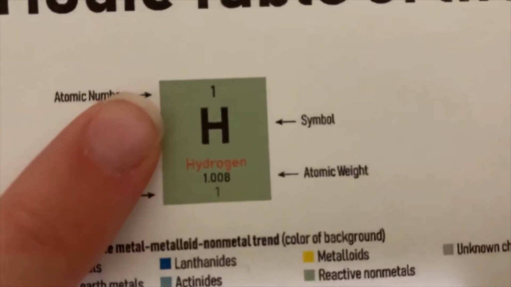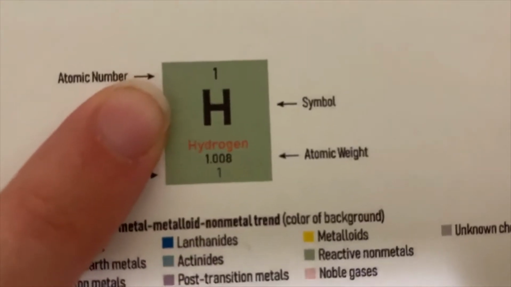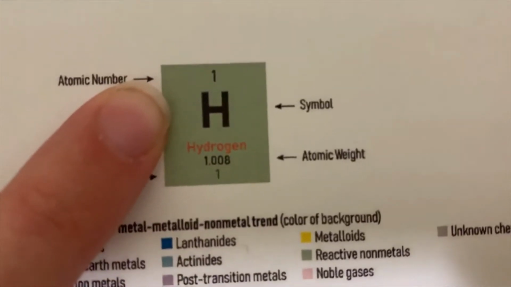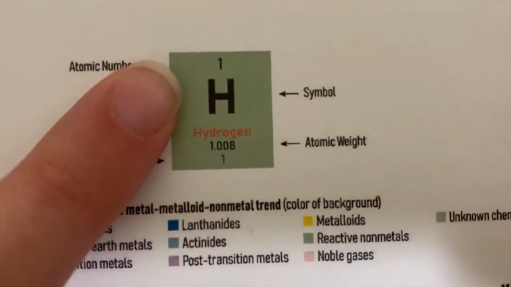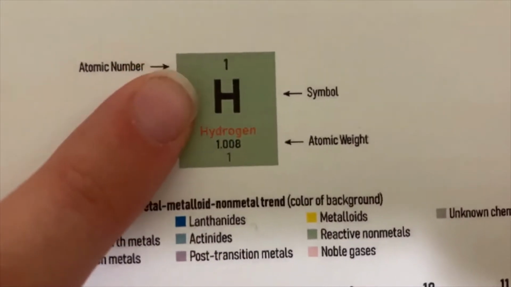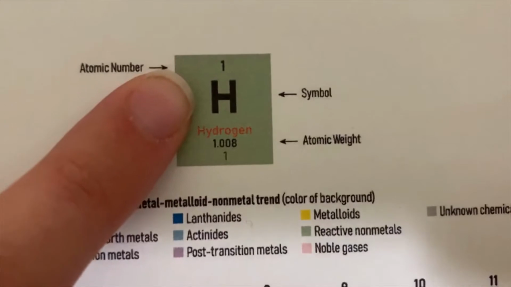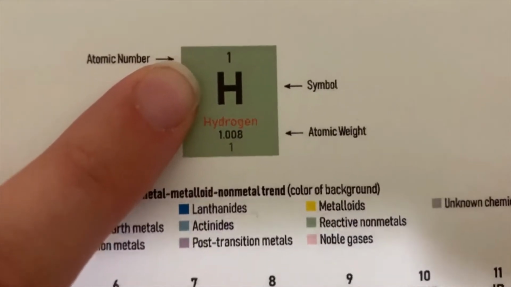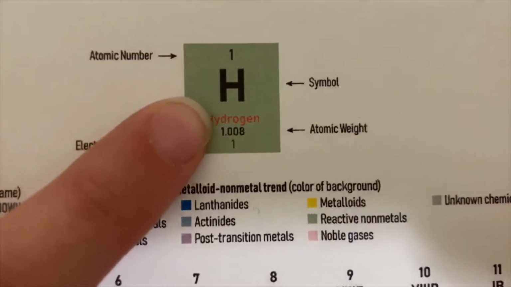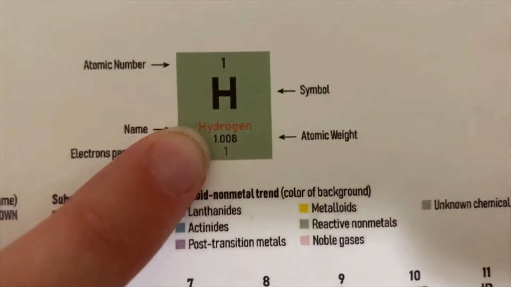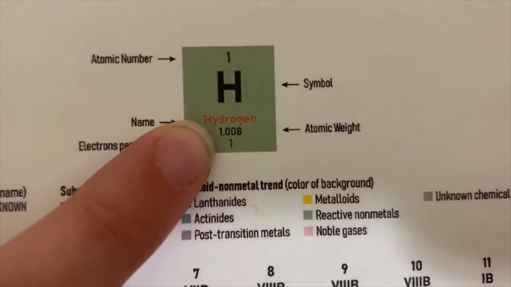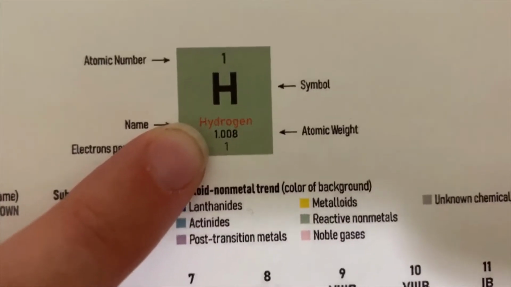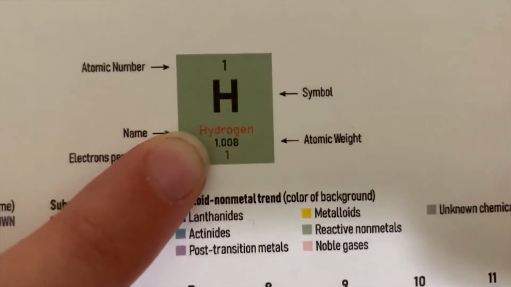The atomic number up top represents the number of protons and electrons you'll need in your atom. So, for hydrogen, you would need 1 proton and 1 electron. The atomic weight, the second number from the bottom, represents the combined number of protons and neutrons you'll need.